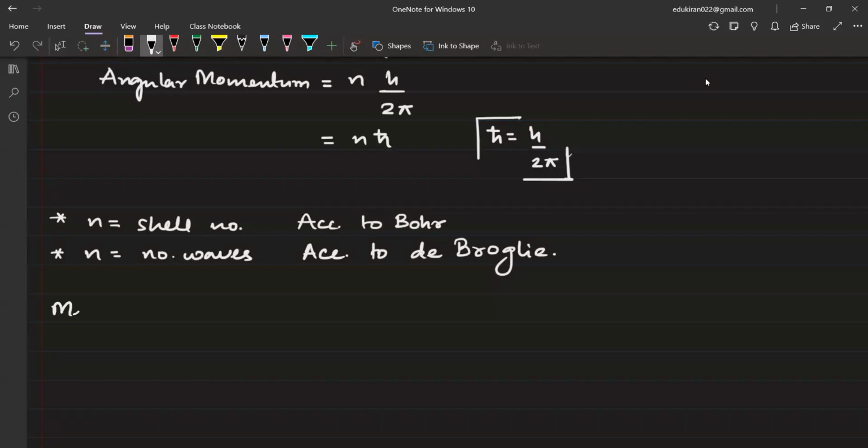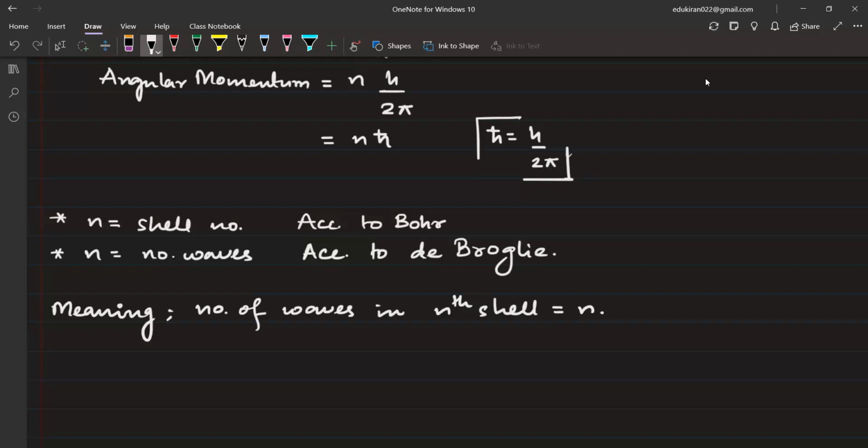Meaning, number of waves in the nth shell will be equal to n.